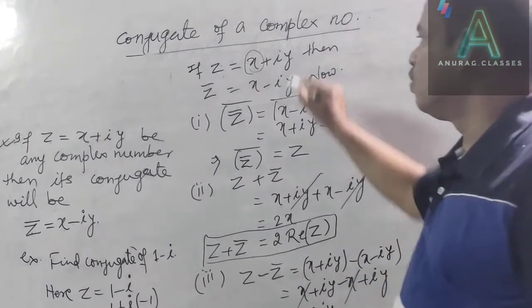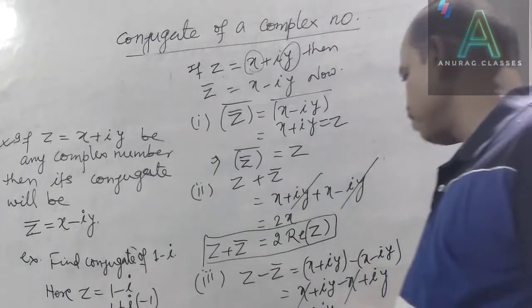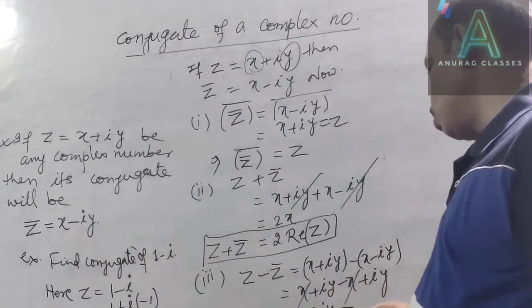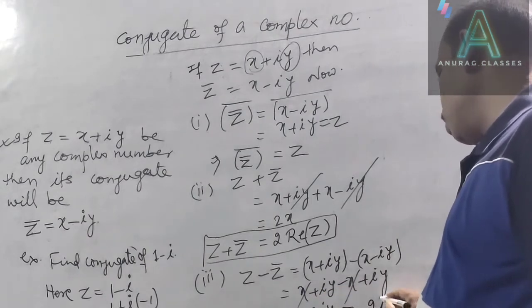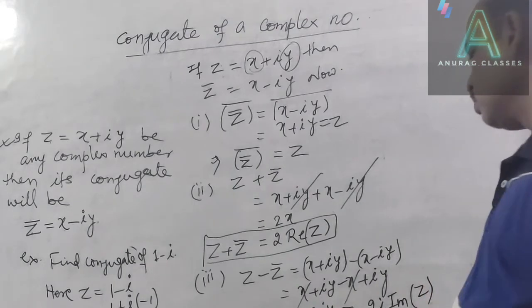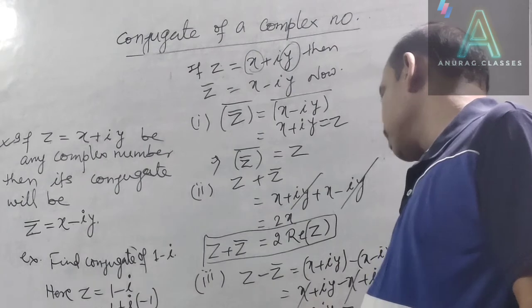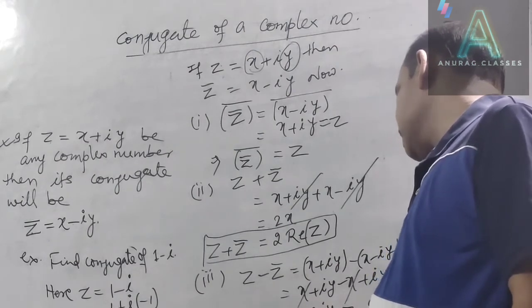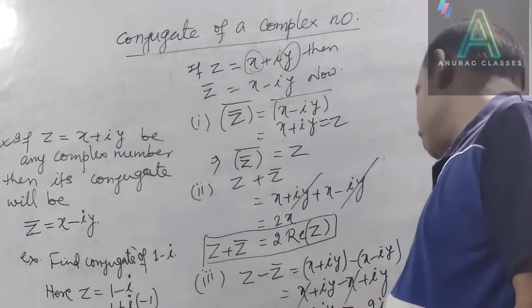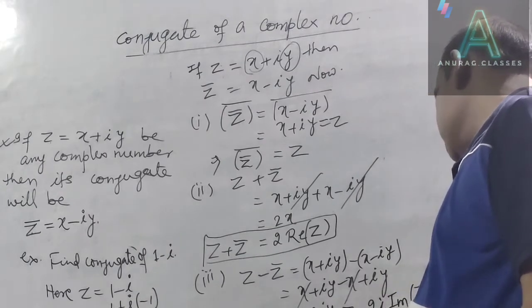Again we know that y is the imaginary part of the complex number z, so z minus z conjugate is nothing but 2i imaginary z. Therefore z minus z conjugate is equal to 2i into imaginary z.